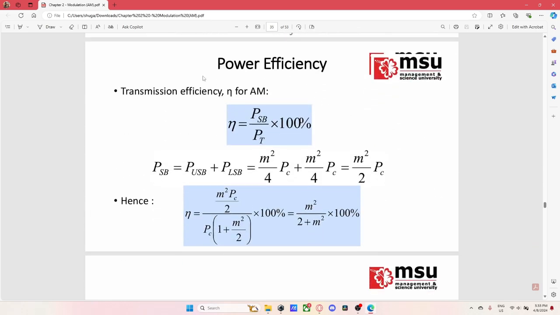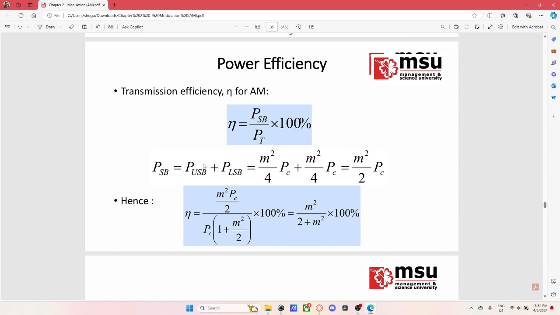This is the transmission efficiency for AM. It is where power in sidebands is divided by power total, multiplied by 100%. It is used to find the efficiency of the power for AM modulation, where power sideband is just power in upper sideband added with power in lower sideband. Only these two. PC is not included in this equation.